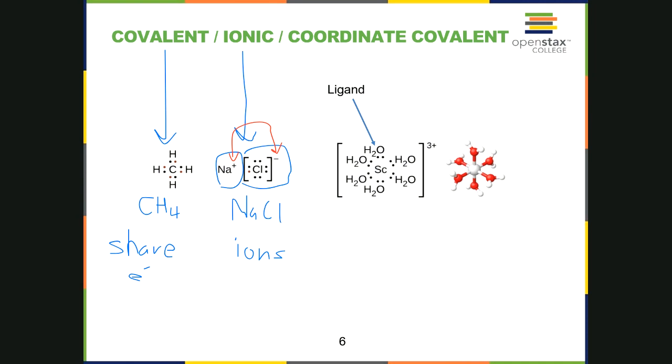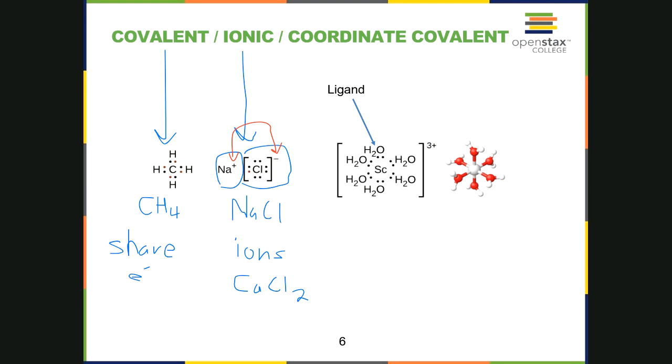For example, if we go to ionic, that's probably the easier one to see. Sodium chloride, it's 1-to-1, 1 sodium, 1 chlorine. If it were calcium chloride, CaCl2, you'd have 2 chlorines for every calcium because the calcium has 2 positive charges.